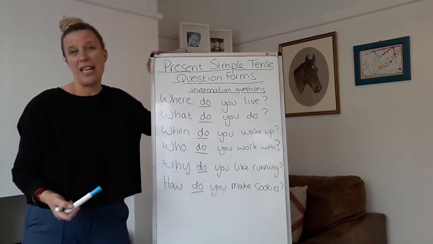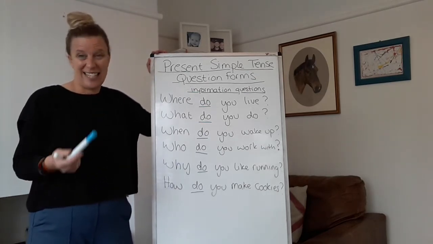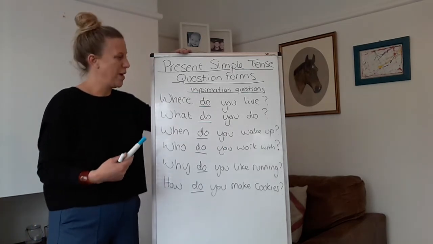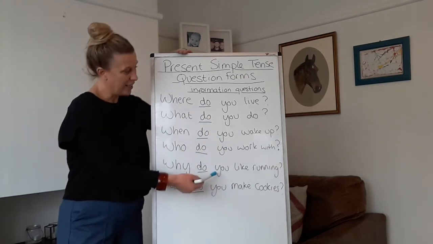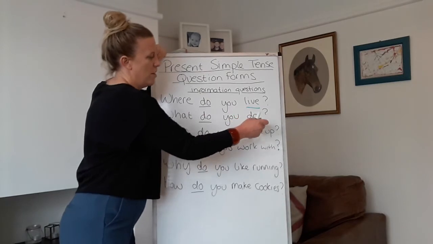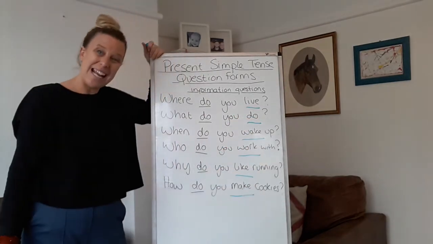I make cookies by mixing flour, sugar, etc. So these are what we call information questions. And as you can see, we use do with the subject and then our base form of the verb.